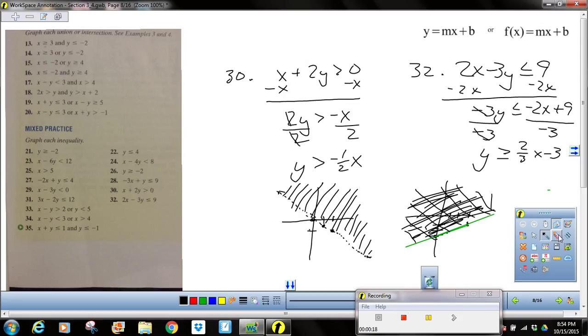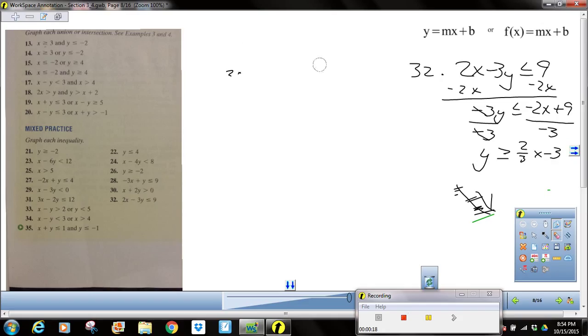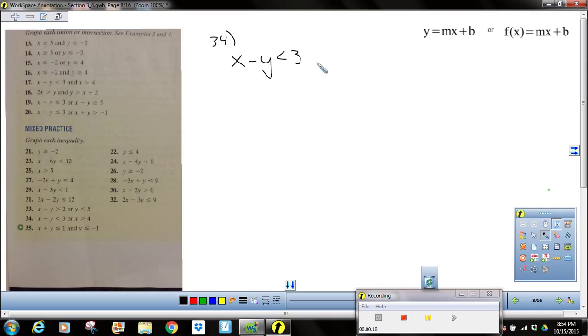Number 34. Number 34 is a compound inequality. It says or, and so I'm not going to worry about overlap. I'm just going to put both equations on the same graph. That's nice. This one's already solved. This one I'll solve for y to get it in slope-intercept form.